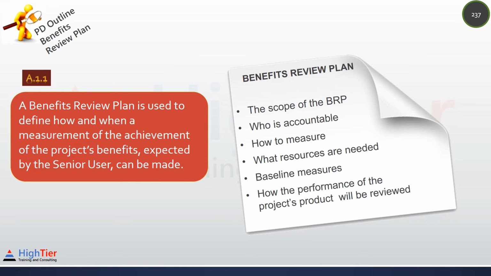The composition of the benefits review plan: the scope of the benefits review plan, covering what benefits are to be measured; who is accountable for the expected benefits; how to measure achievement of the expected benefits and when they can be measured; what resources are needed to carry out the review work; baseline measures from which the improvements will be calculated, and how the performance of the project's product will be reviewed.